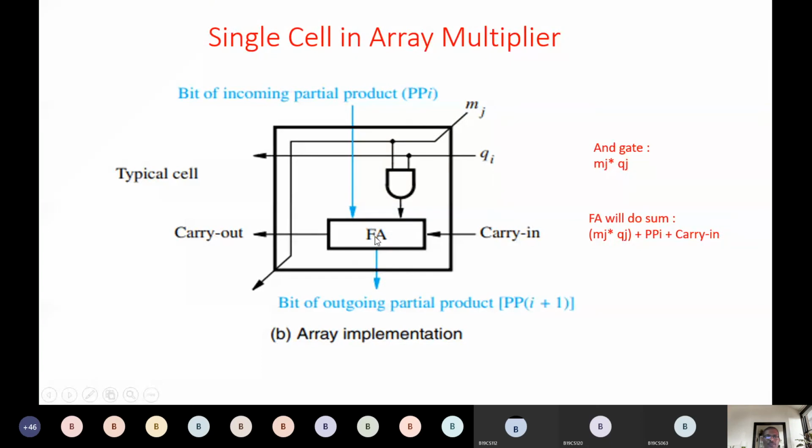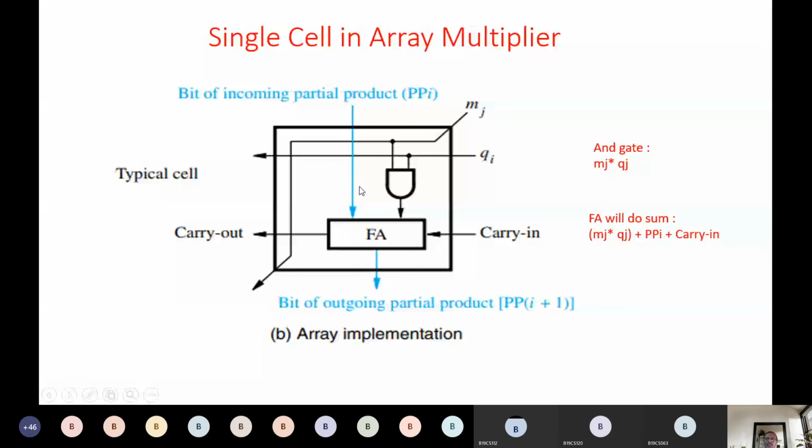Remember, this full adder has three inputs. One is the product of M and Q from this AND gate. Next, carry-in is another input. The partial product from another cell is the third input. All three are added by the full adder. So this is the addition. The output we get is another partial product, which becomes input for another cell. This bit of outgoing partial product will be input for another cell below it.